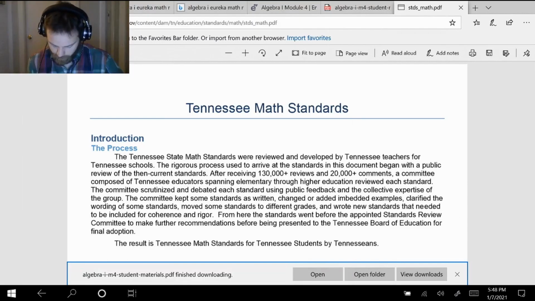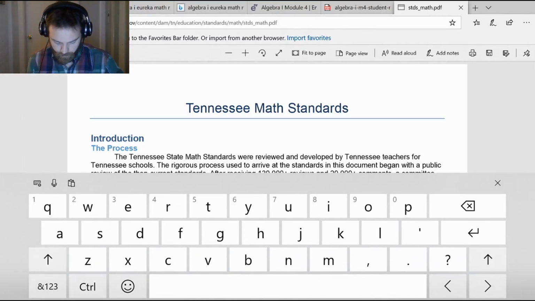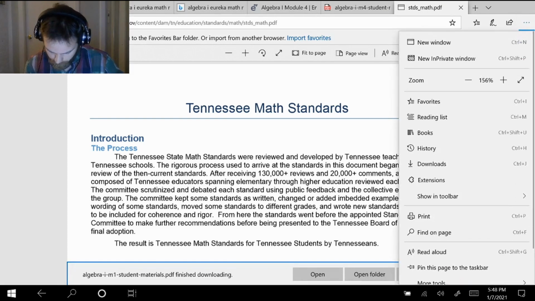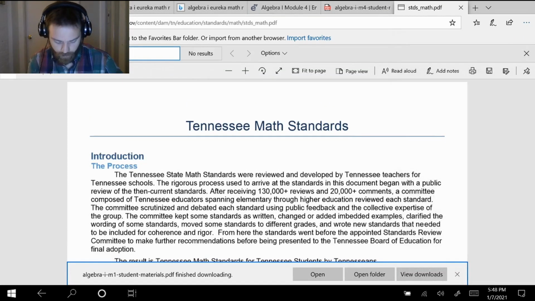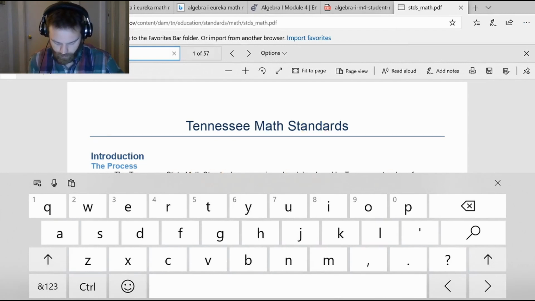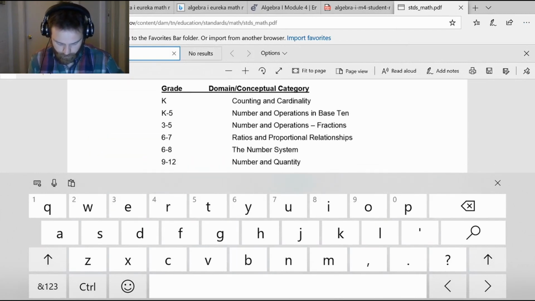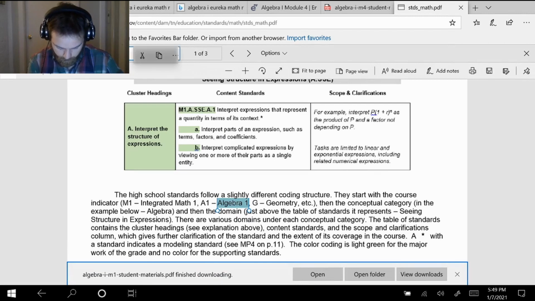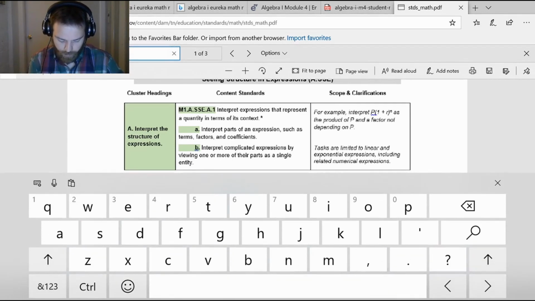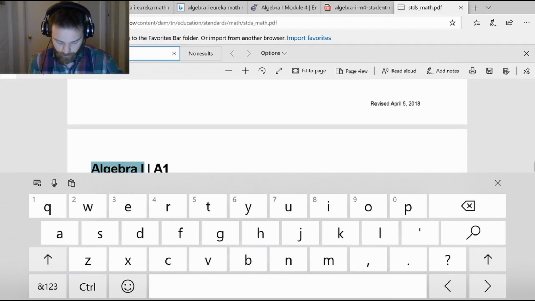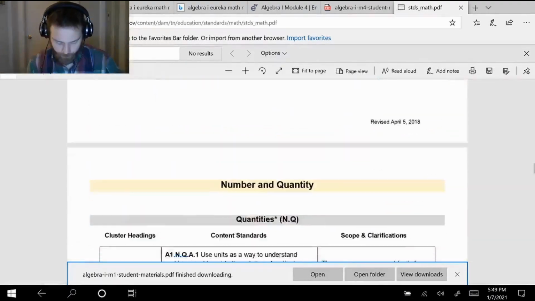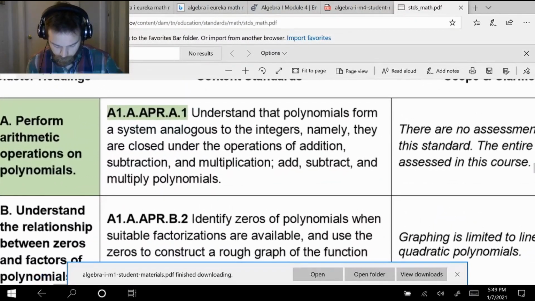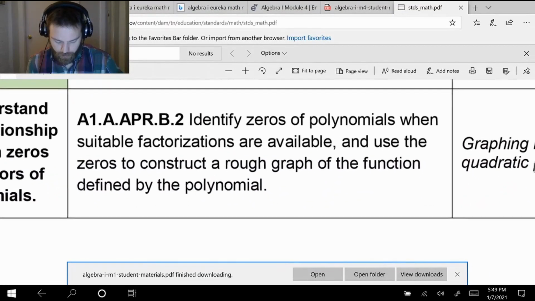Find on page, Control F, Algebra 1. And I need not the 1, but the I, because for some reason we're using Roman numerals. Okay, so here's your standard.